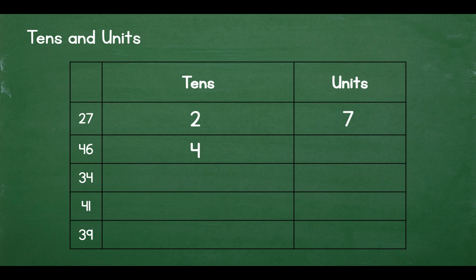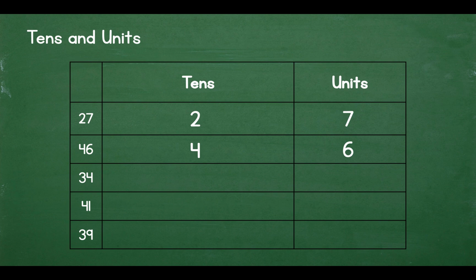Now let's look at 46. You can see that there are 4 tens in 46. And now say out loud, how many units are in 46? 6. So there's 4 tens and 6 units. How about you try the next one on your own with 34?